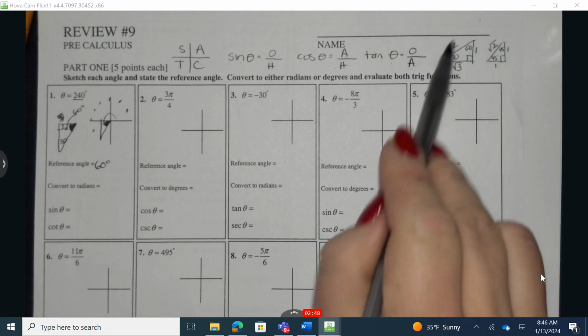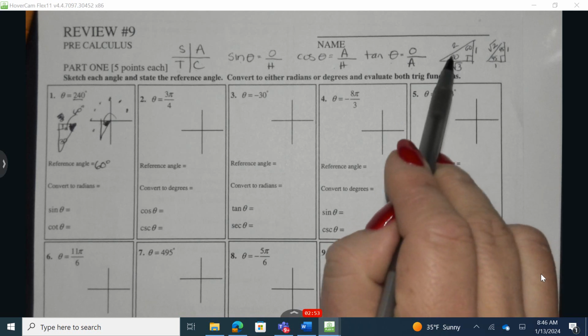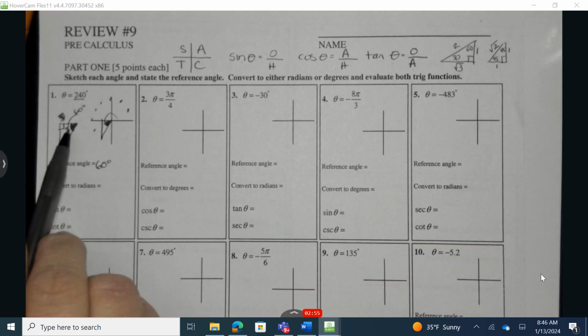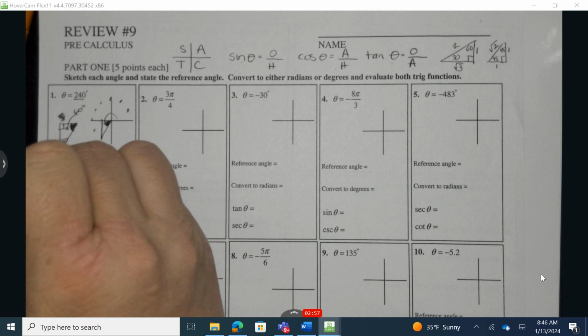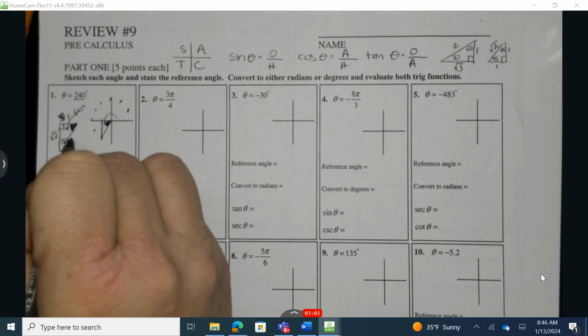I'm going to reference my 30, 60, 90 triangle along with the ratios that correspond to each side. So opposite of 60 degrees would be radical 3, opposite of 30 is 1, and opposite of 90 is 2.